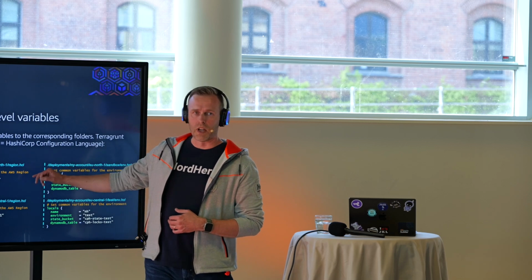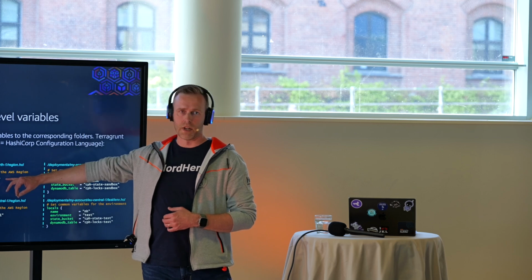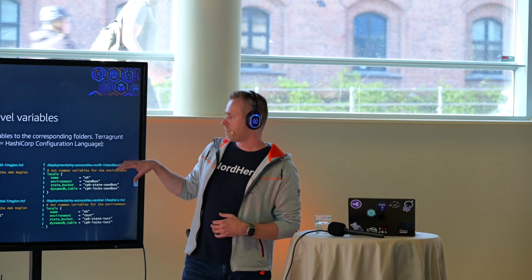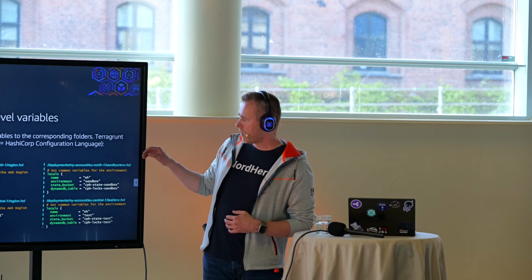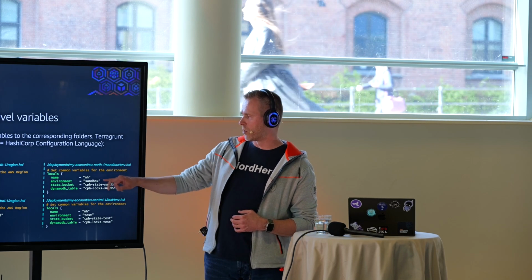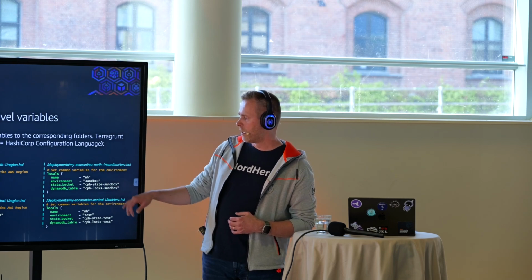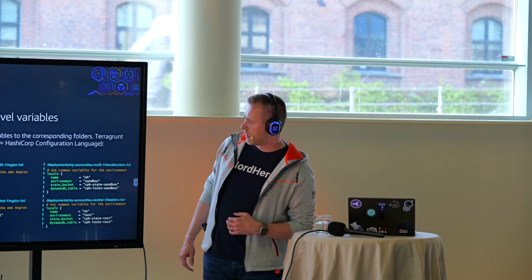Then on the region level, I will have 2 regions. I have the Stockholm region, which has only one attribute in it, and in the Frankfurt region, I only have one variable in it. And then on the environment level, I will have more variables set. As you saw earlier, I was using the name Node Hero and the environment Copenhagen, something like that.